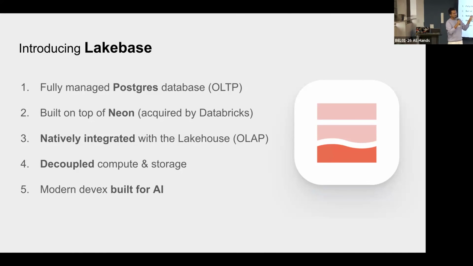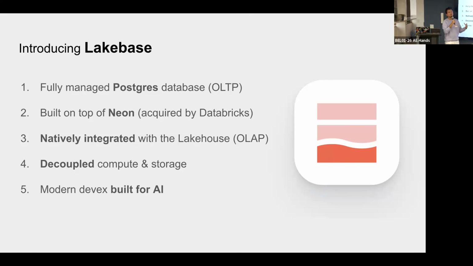What makes Lakebase special and kind of a game changer is its native integration with the Lakehouse. So you have your OLAP system, the analytics processing system. The entire OLTP system is natively integrated with it. Decoupled compute and storage.